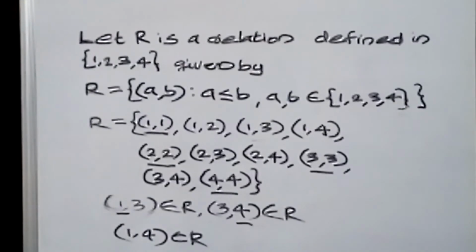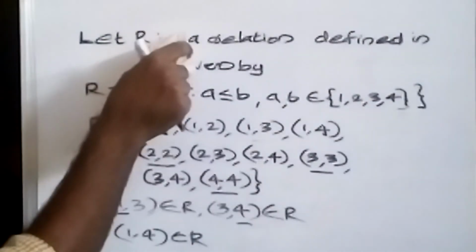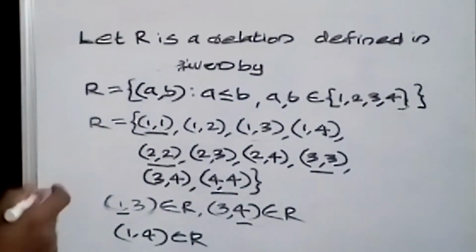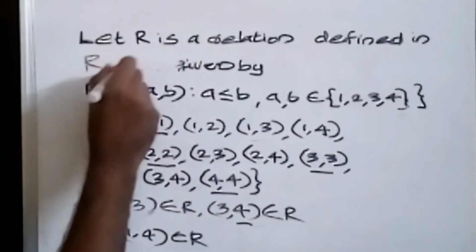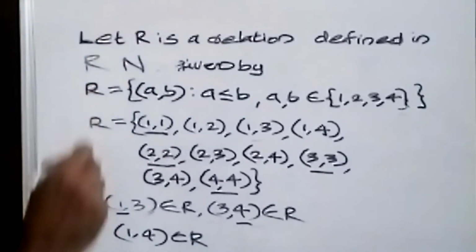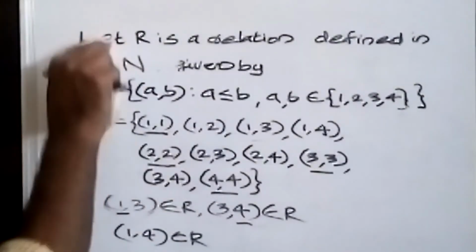Now, let us extend this question for an infinite set. Here, the set {1, 2, 3, 4} is a finite set. If we replace the set {1, 2, 3, 4} by an infinite set like R, the set of real numbers, or N, the set of natural numbers, etc., we can make another question.